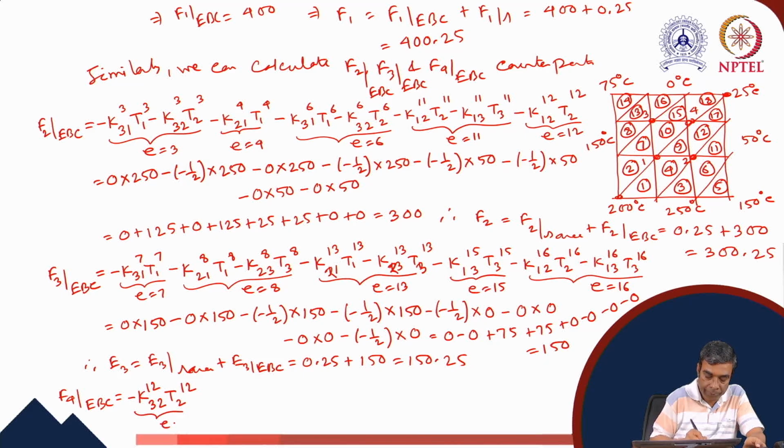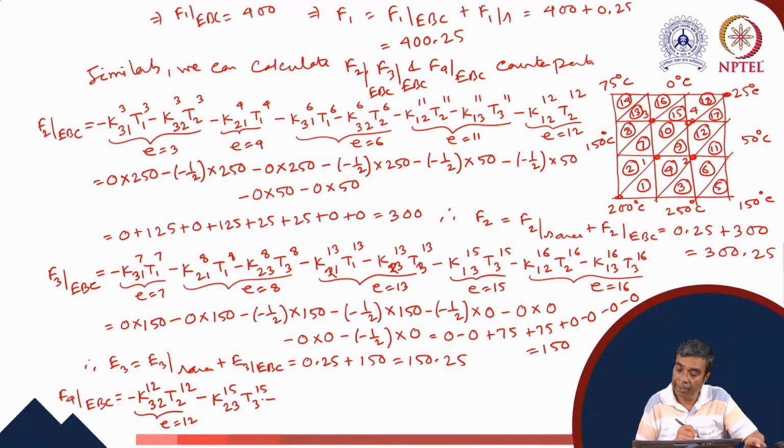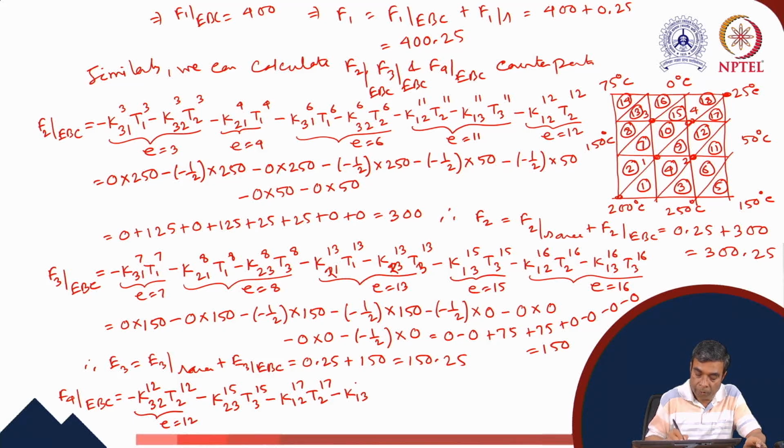This is for E equals to 12, minus K 2 3 15, T3 15, minus K12 17, K12 17 T2 17 minus K13 17 T3 17.